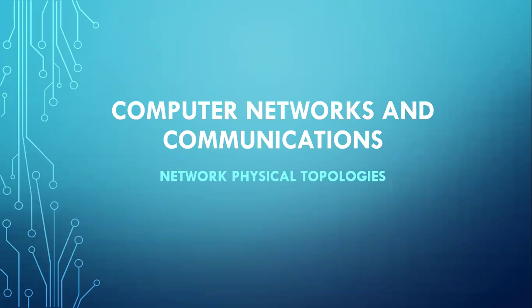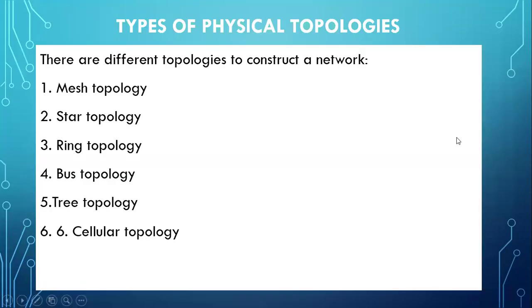We are still discussing the computer physical topologies. So far, in our past video, we've finished covering all the types of these physical topologies. We said there are various types of topologies used to construct a network: mesh topology, star topology, ring topology, bus topology, tree topology, and last but not least, the cellular topology.